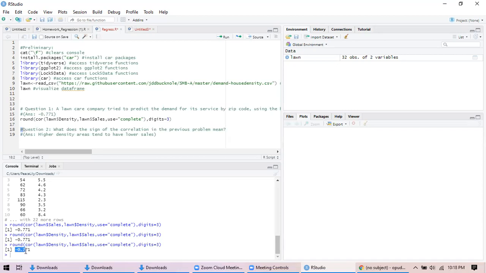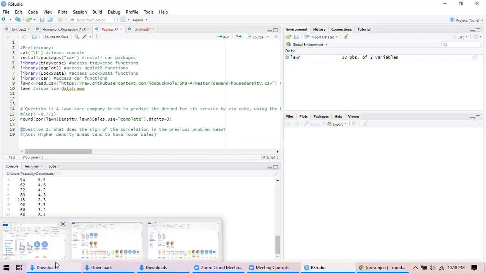Okay. It's less than one, negative 1, so the correlation is not that close.